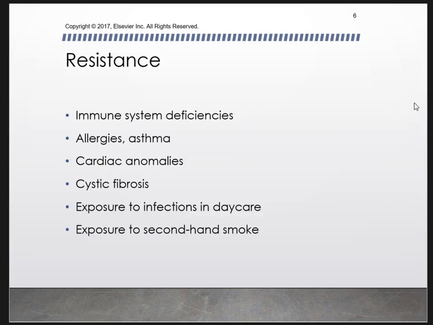Now, another factor when we're talking about respiratory in kiddos is resistance. We have immune system deficiencies, and that can range from simple to more complex. If we have a deficiency, remember, what does that mean?